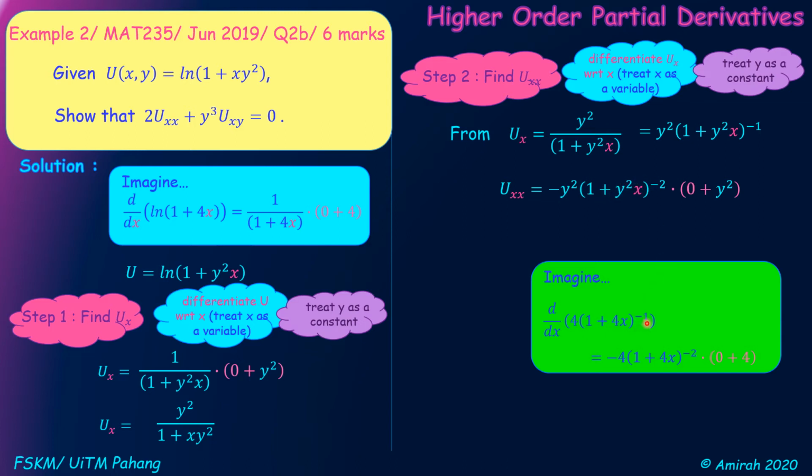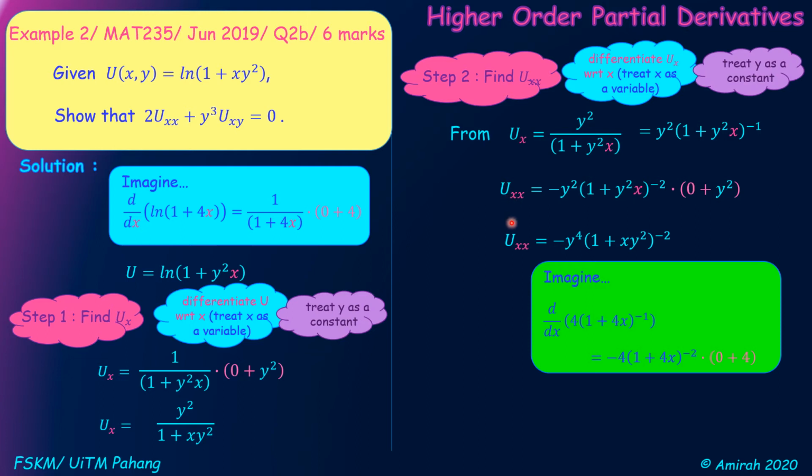And then we reduce 1 from the original power. So we get negative 2 here. And after that, we differentiate the function inside the bracket. So when we differentiate 1 equals 0, and then plus, when we differentiate 4x equals 4. That's why when we differentiate constant y²x, we get y² here. Okay? And after that, we can simplify.